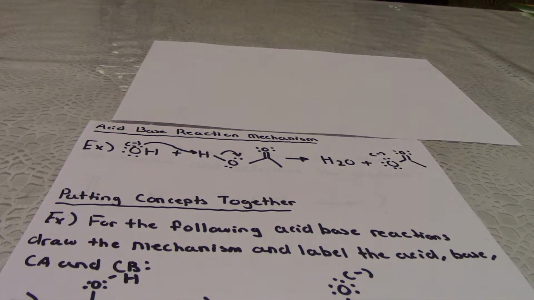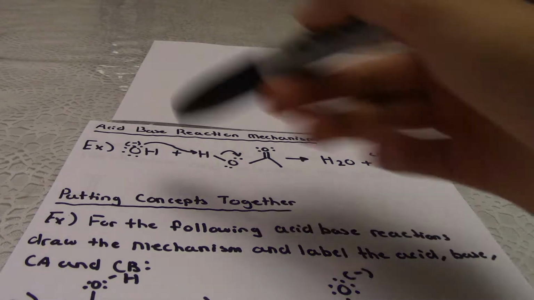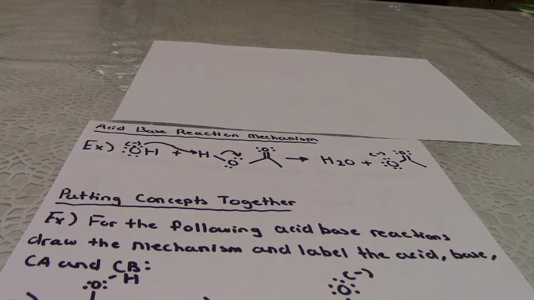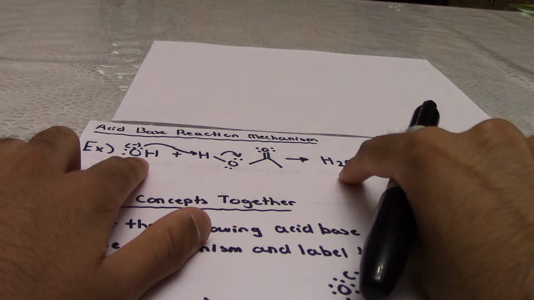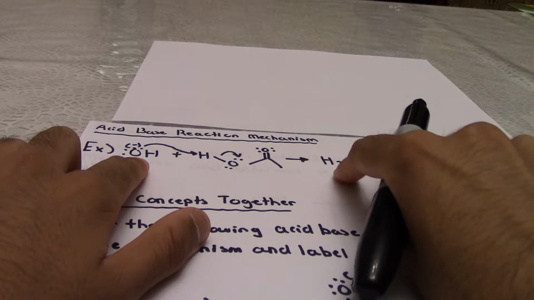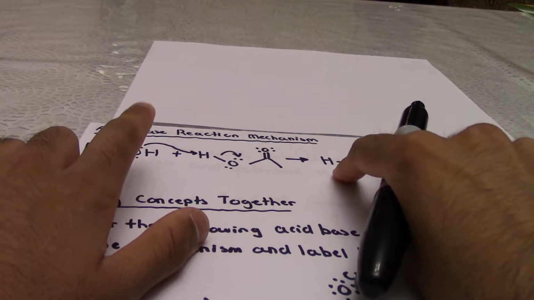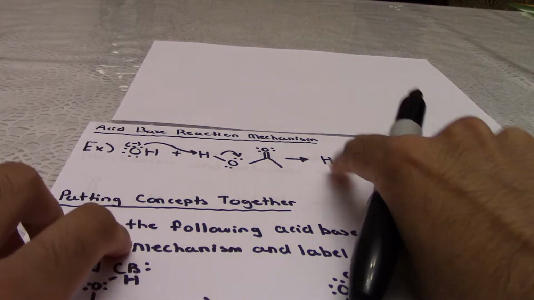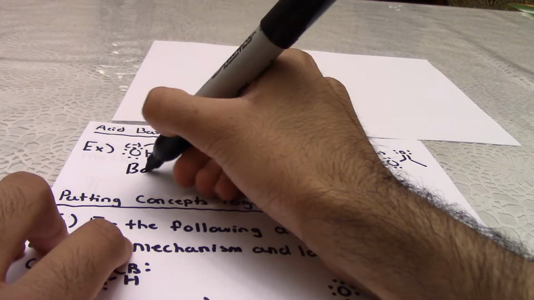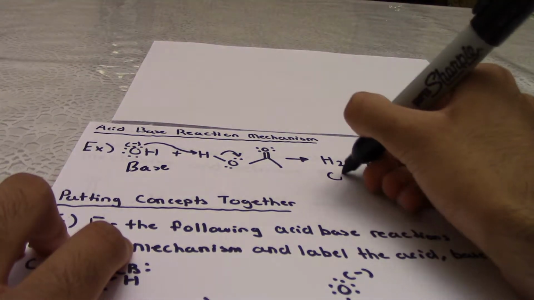So what's happening over here? Well, before we can understand what exactly is happening, I think it would be beneficial if we did the exact same thing as before and identified what our acids and bases are. So over here we have the OH and water. The only difference is this has an extra hydrogen, so this had to accept a proton to get this, so this has to be our base, which means that its pair has to be the conjugate acid.